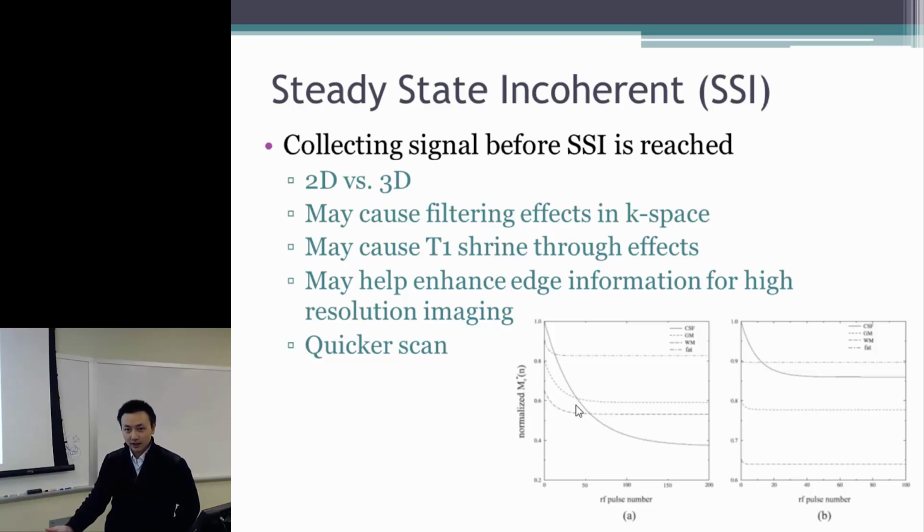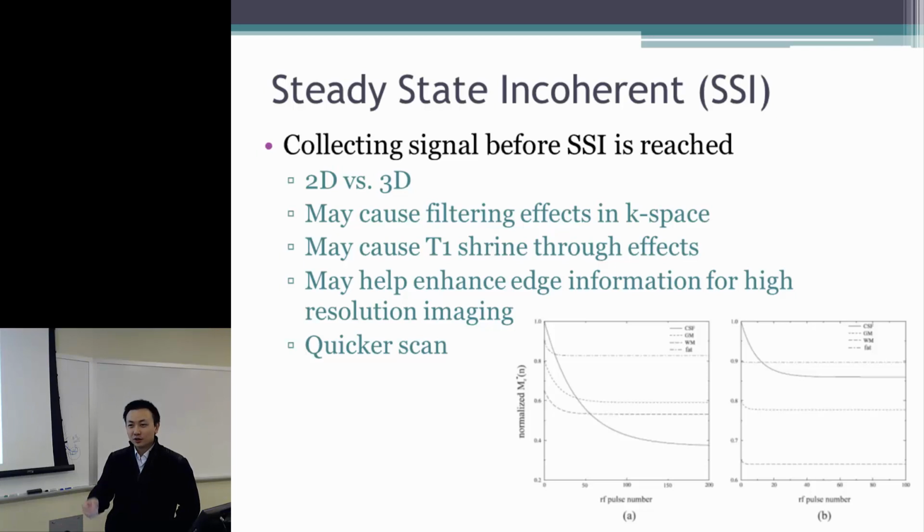So for 2D imaging, if we are acquiring, for example, 256 phase encoding lines, that means almost half of the K-space is in an unsteady state. But for 3D, we are collecting, for example, 256 by 128.